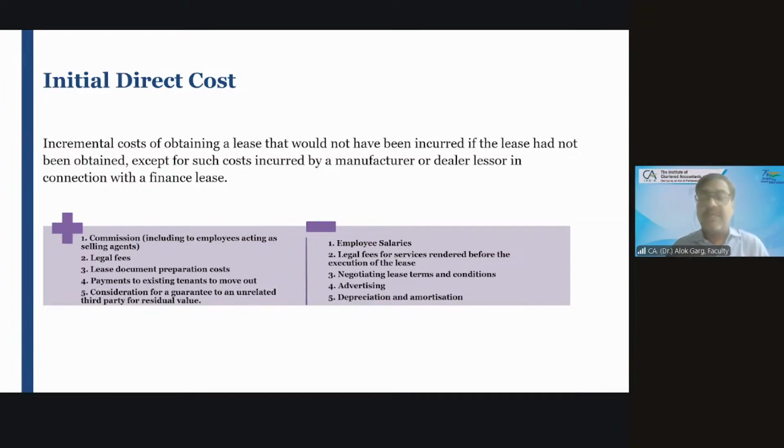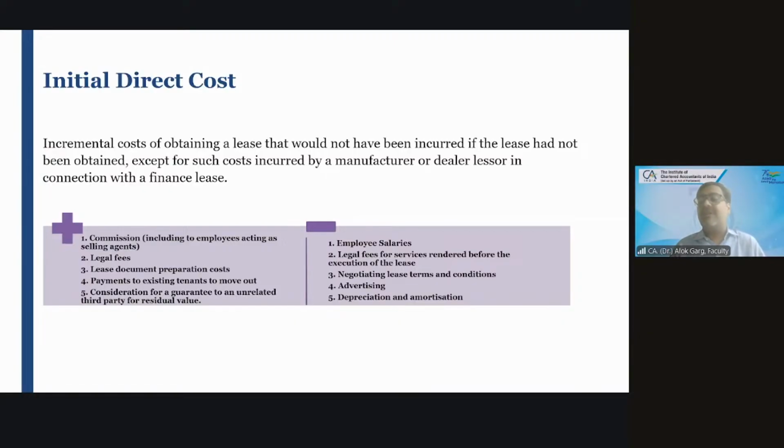You have to pay the legal fees for drafting the agreement or lease document preparation cost, or you have to pay the stamp duty. Once you have finalized the premises, probably you end up paying some compensation to the existing tenant to move out from that place, right? So these are considered as an initial direct cost.